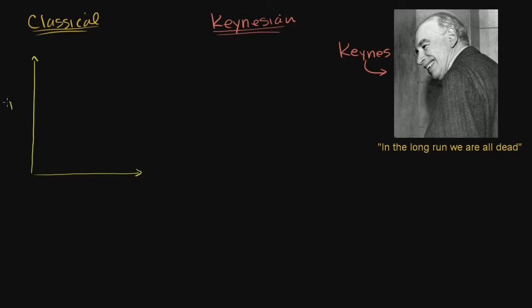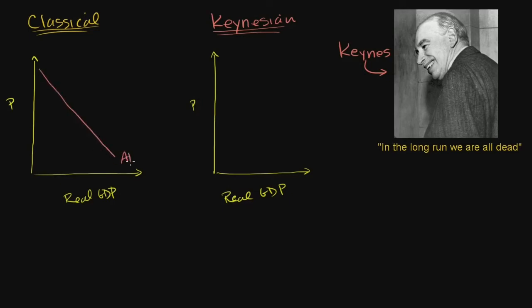This is classical. This is price. This right over here is real GDP. And I am going to do it for the Keynesian case as well. This is price and this right over here is real GDP. In both views of reality, or both models, you have a downward sloping aggregate demand curve for all the reasons that we've talked about in multiple videos.